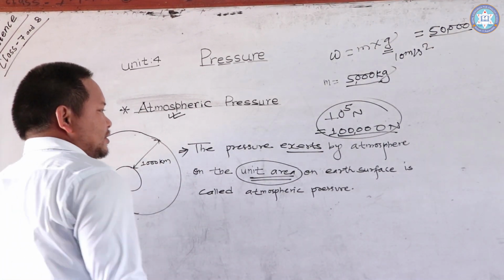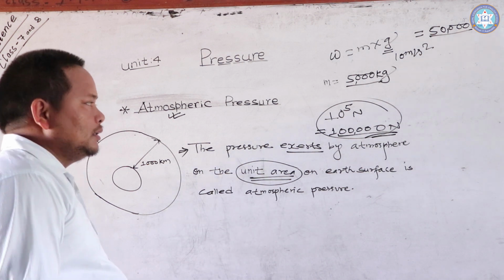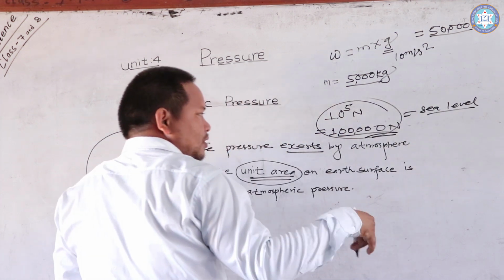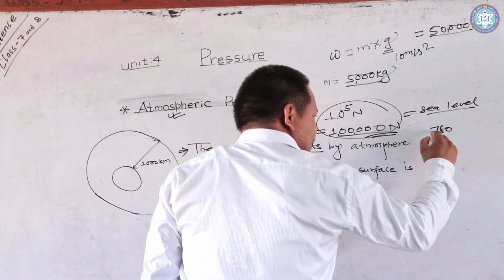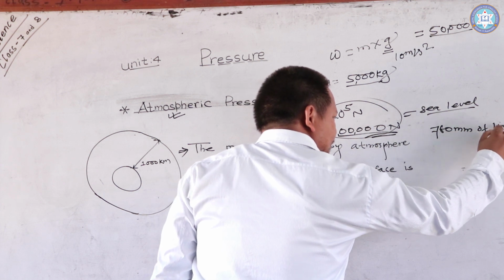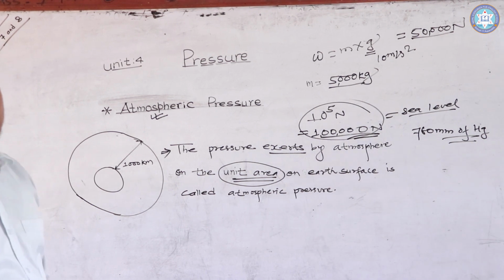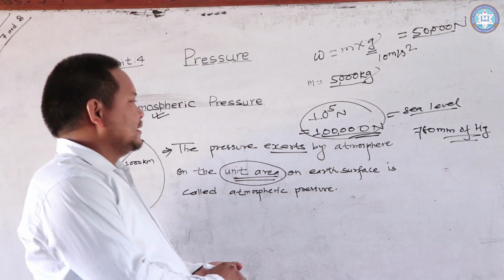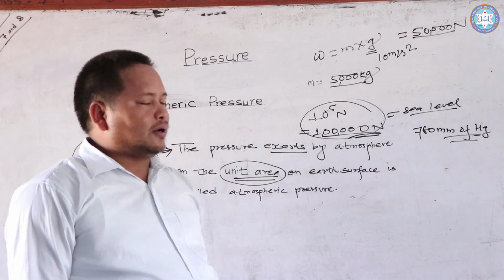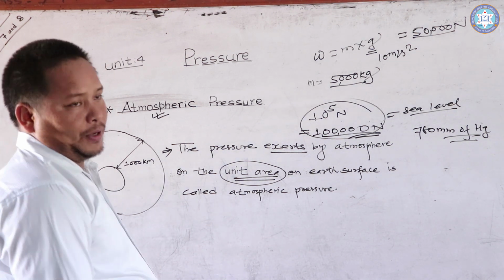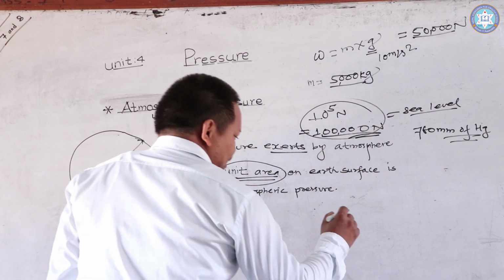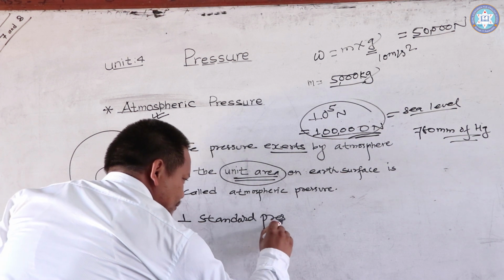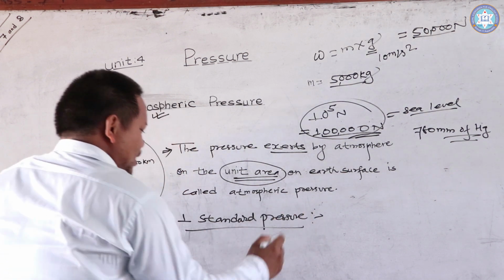This pressure is at sea level, and you can also call this 760 mm of Hg, and we can say this is one standard pressure.